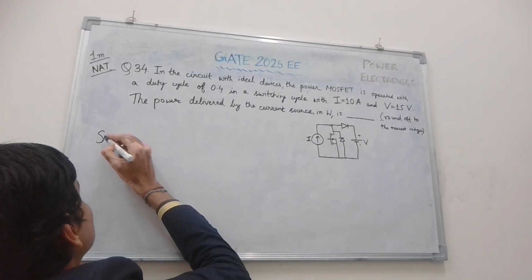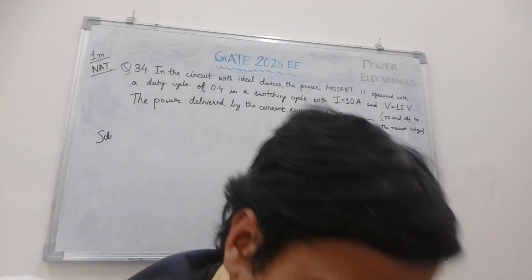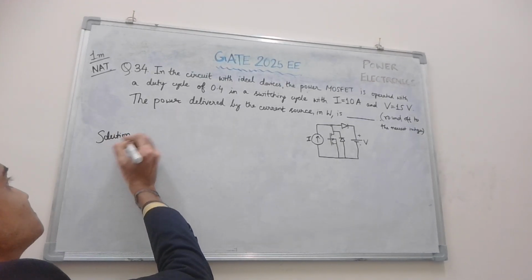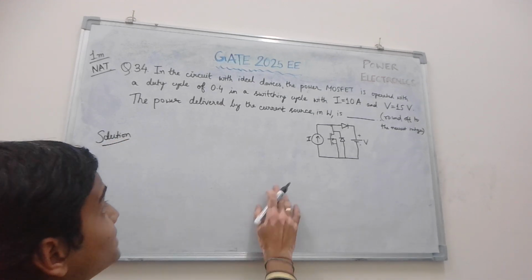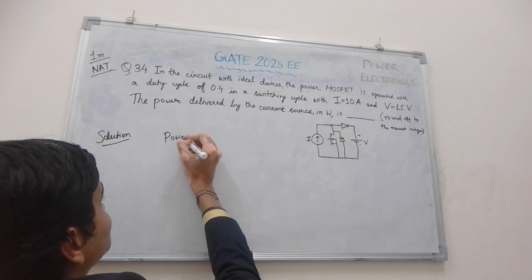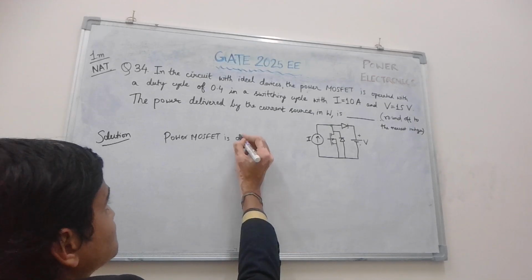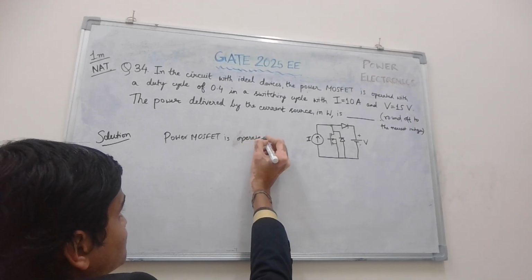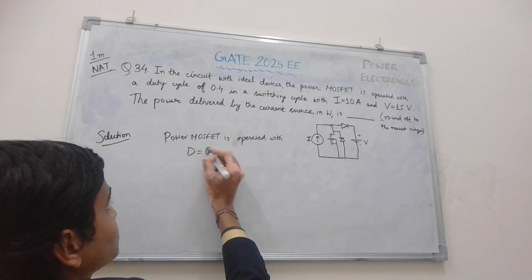It is a simple question. Basically, it is given that the power MOSFET is operated with duty cycle D equal to 0.4.